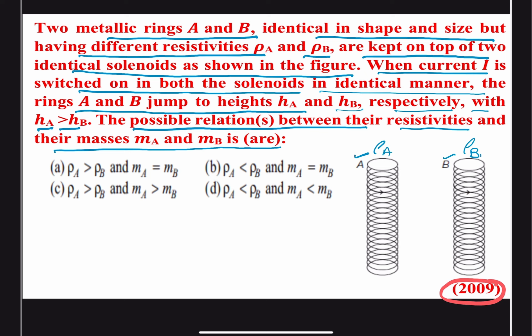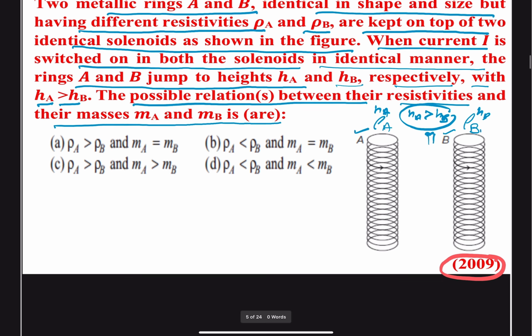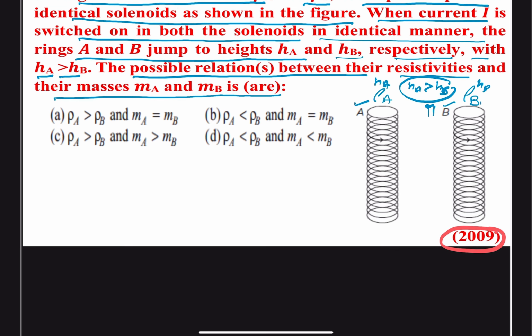The height jumped by A is HA, and by B is HB, where HA is greater than HB. We are going to focus mainly on this condition, and based on this we will find out the relationship between the resistivities as well as their masses.